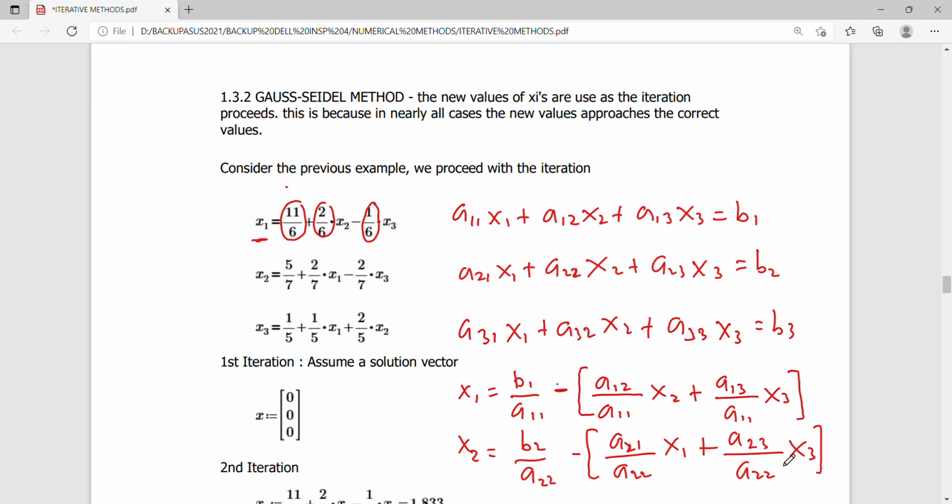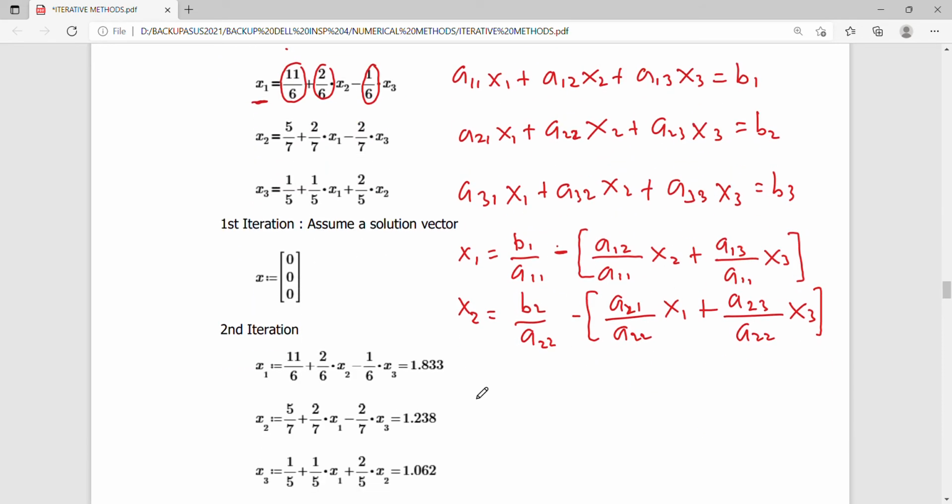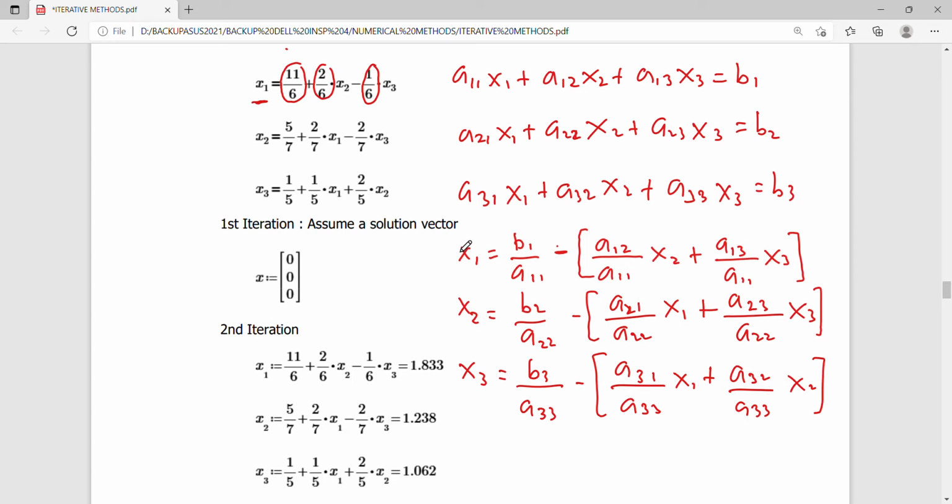So the last row equation will therefore be x3 equal to b3 over a33 minus the summation of a31 over a33 x1 plus a32 over a33 x2.